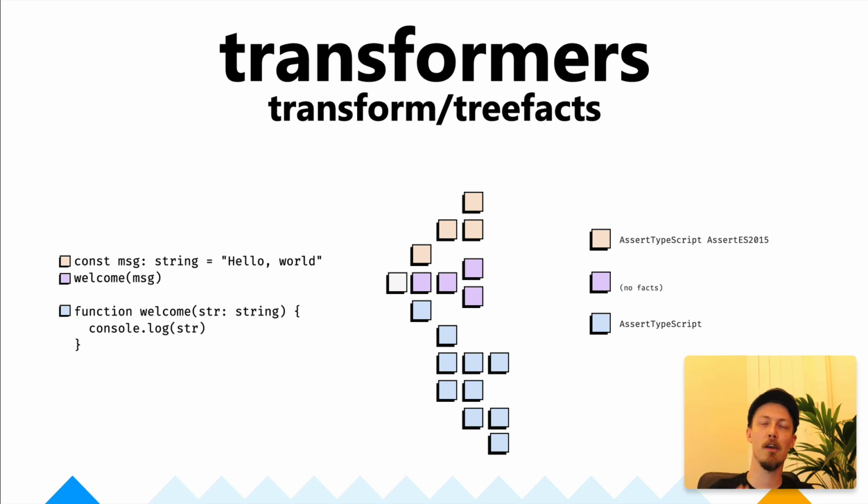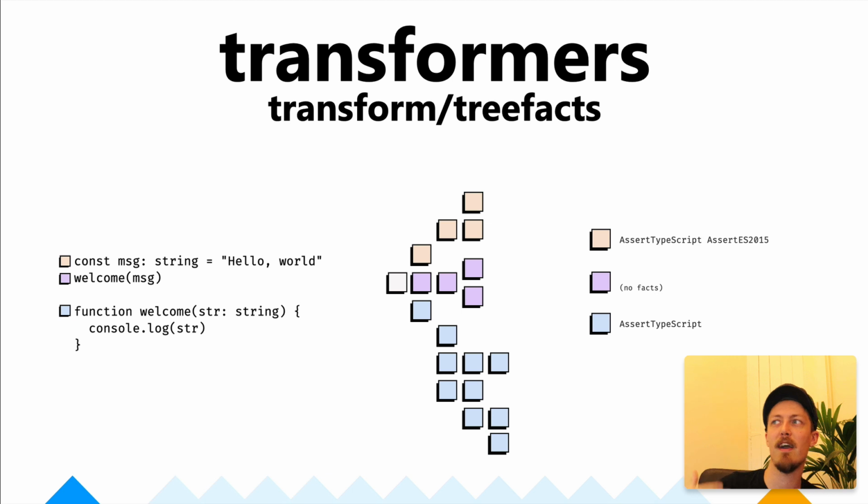So by including the type parts of the first statement, the colon string, the creation of that syntax tree will add this fact that's called assert TypeScript, which means that the TypeScript transformer will need to do some work on this one. The next line, the welcome MSG, needs no transformation, even if it goes all the way down to ES3, which I believe is the default in TypeScript. And then the next one will also need some TypeScript work, but only to get rid of the colon string again in the third statement.